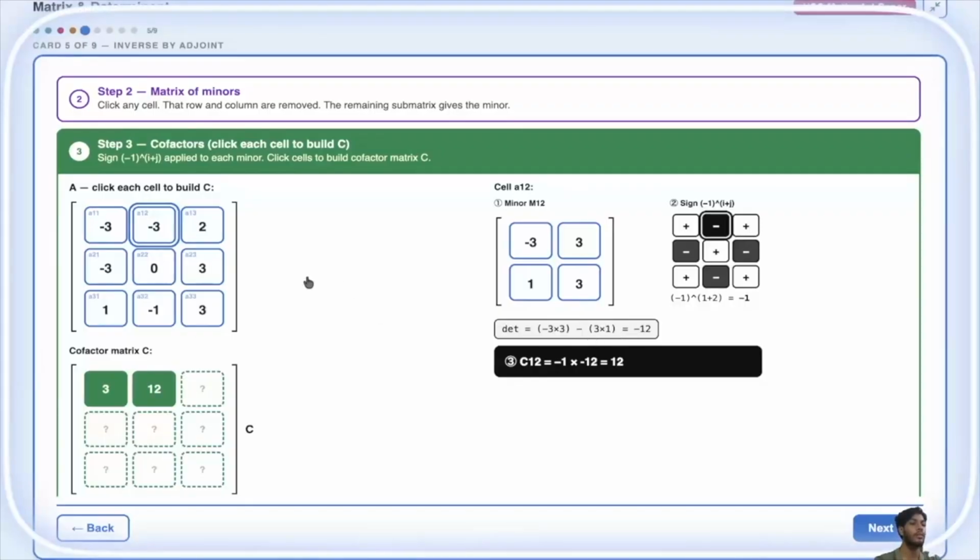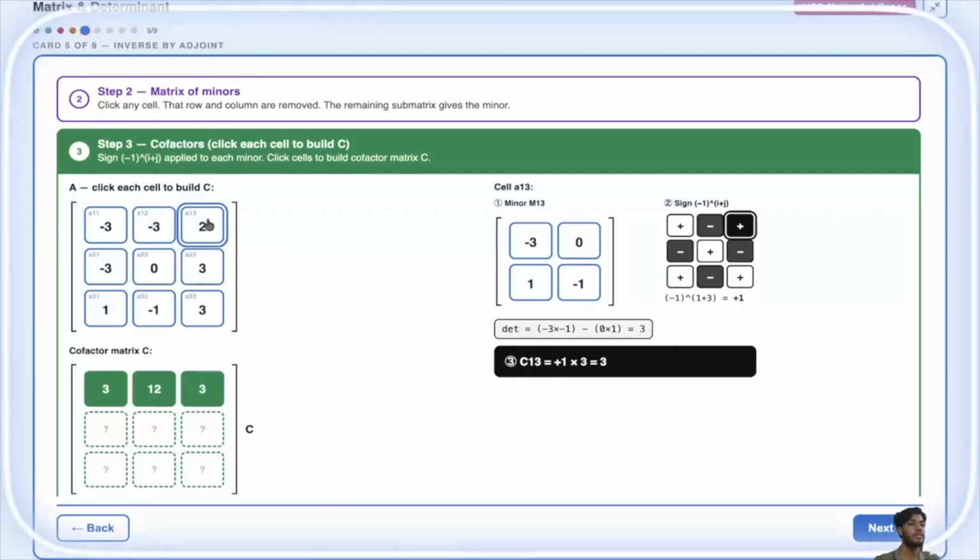We're going to place a sign before this. So what will be the sign for this position? The sign is of course negative. Since the sign is negative, we place a negative sign before minus 12 and the cofactor comes out positive 12. So for this element the cofactor is 12.